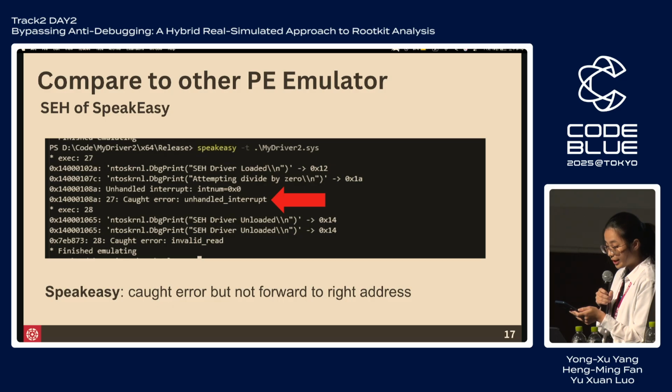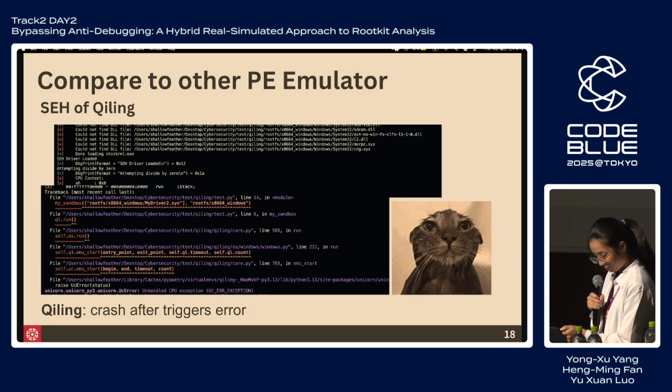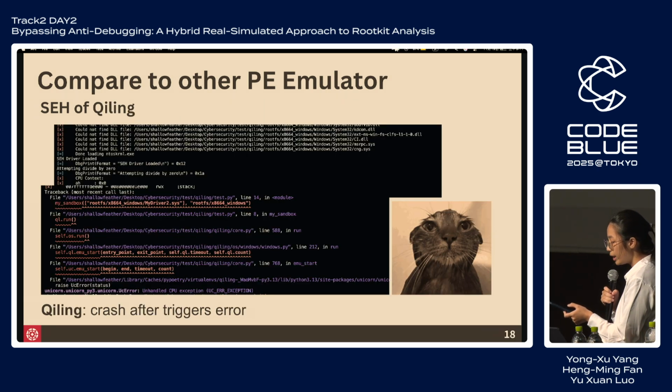When SpeakEasy faces an error, it will enter SEH, but the function of its SEH will leave the driver to be unloaded. When Qiling faces an error and enters SEH, its function will lead the system to crash. Without proper SEH support, an emulation cannot be properly executed. So now we know that SEH is important for execution.